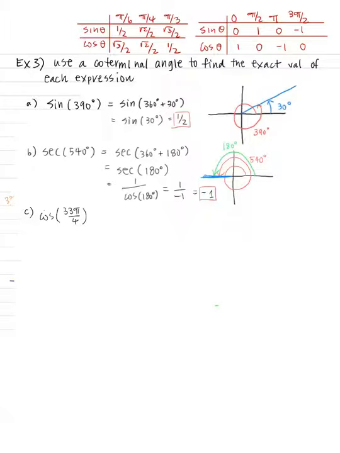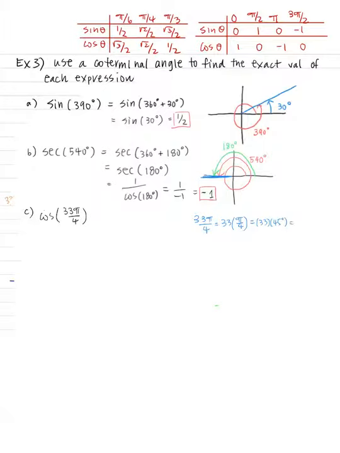So let me change the color here. Note that 33 pi over 4 is the same thing as 33 times pi over 4. But pi over 4 is 45 degrees, so 33 times 45 degrees.